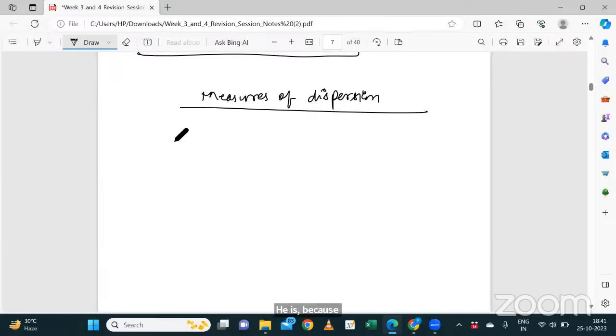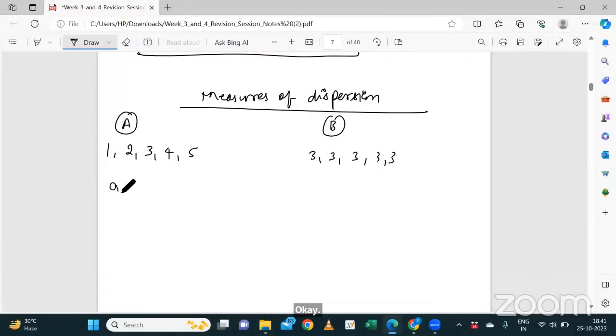I took the example of the college one. Suppose in university A, the packages of 5 students are like this, and in university B, the packages are like this. What is the average value here? 3. And here? 3, right?